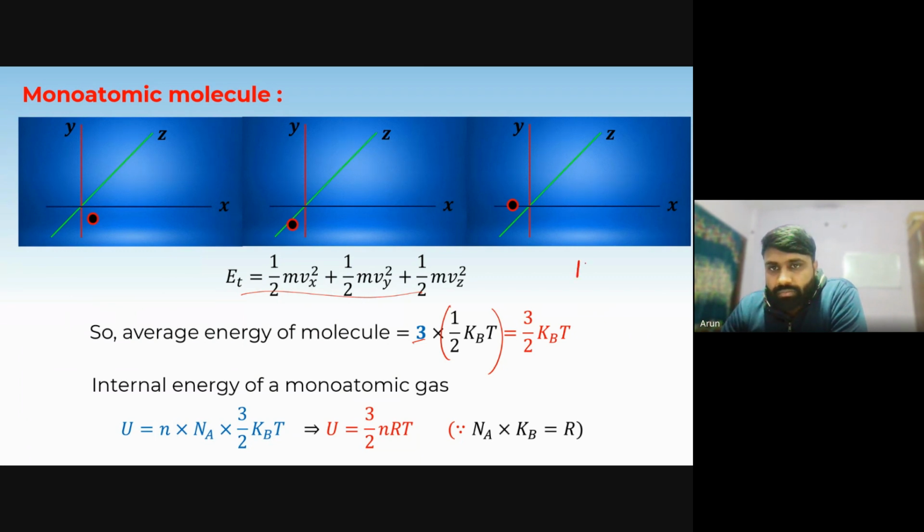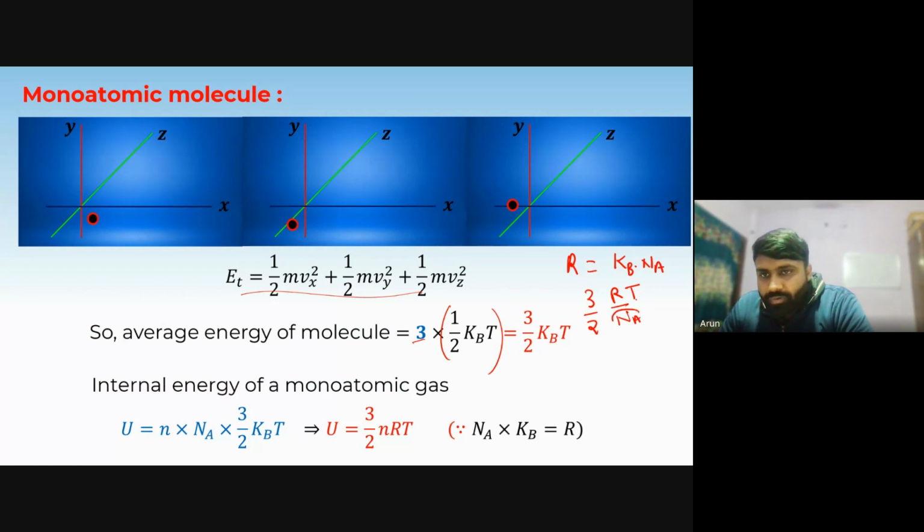I have talked about the formula that R is equal to kB into Na. So if we put this here, 3 by 2, instead of kB, we put R upon Na. So it will become 3 by 2 R upon Na into T. Okay, 3 by 2 RT upon Na.